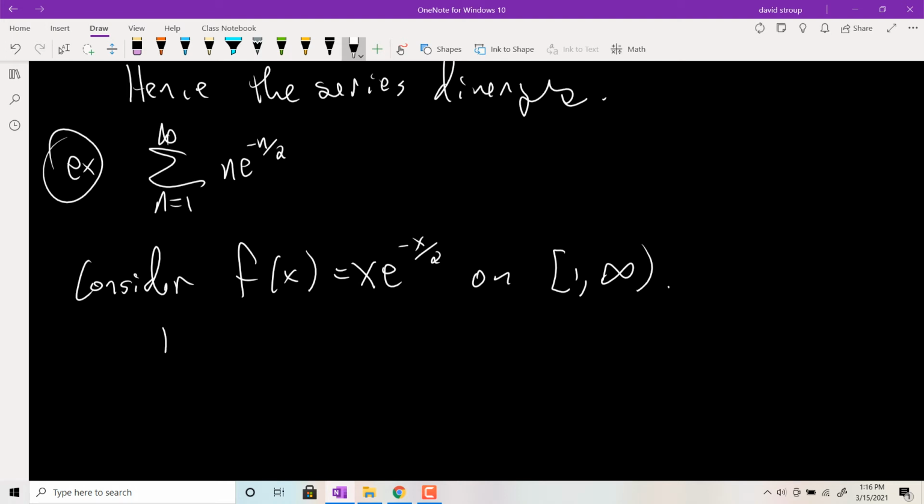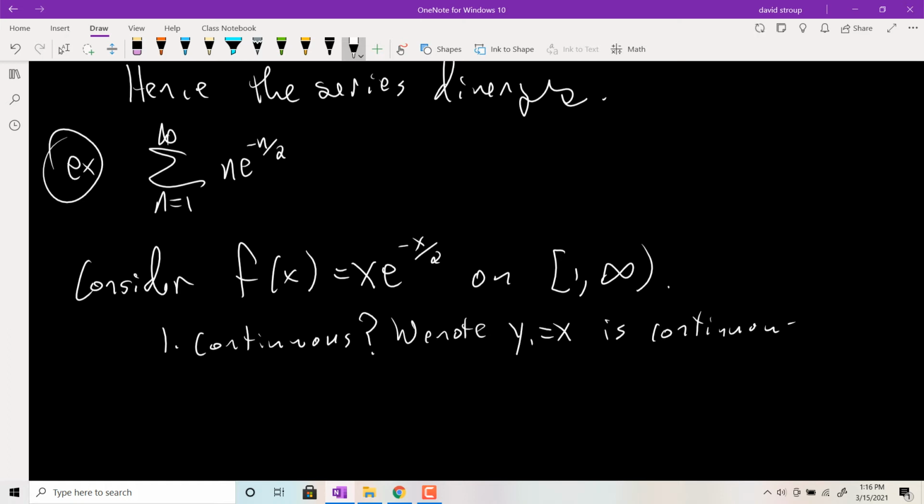First we need to show it's continuous on this interval. It's actually continuous everywhere because we note y1 equals x is continuous, and y2 equals e to the negative x over 2 is continuous.